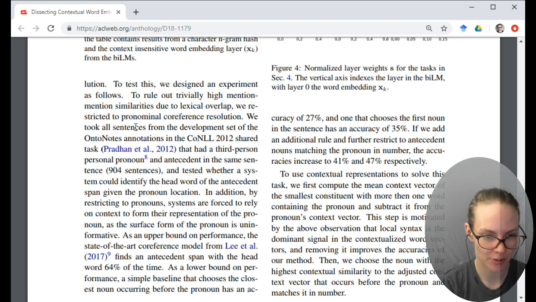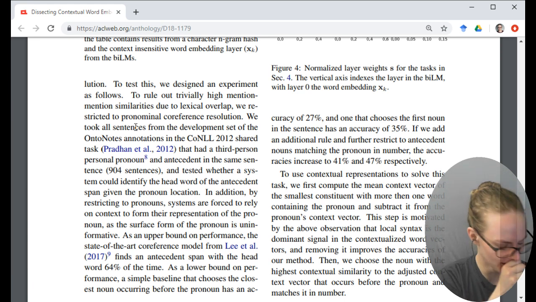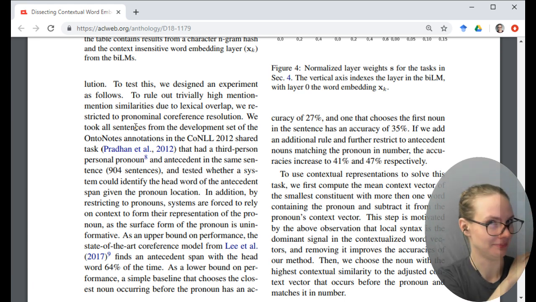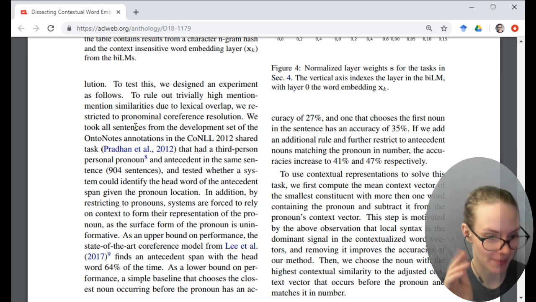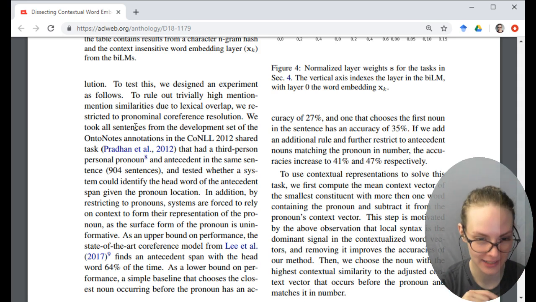As an upper bound on performance, the state-of-the-art coreference model from Lee et al. found an antecedent span with the correct head word 64% of the time.